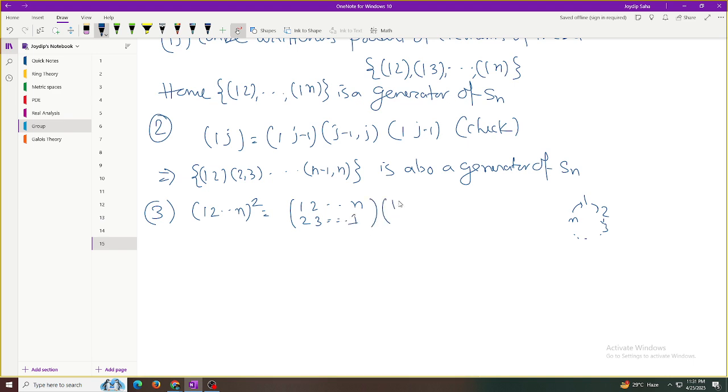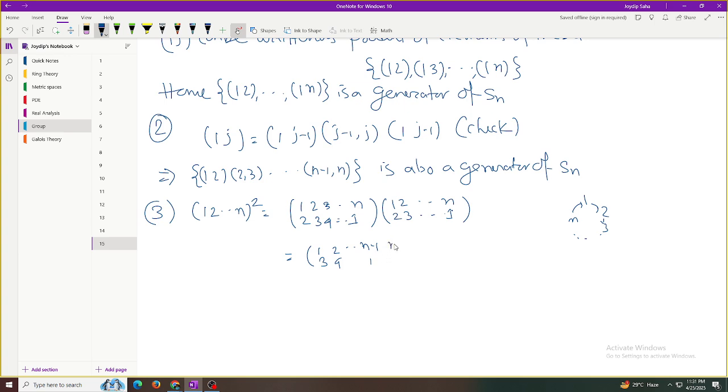Then again 1 goes to 2, 2 goes to 3, n goes to 1.